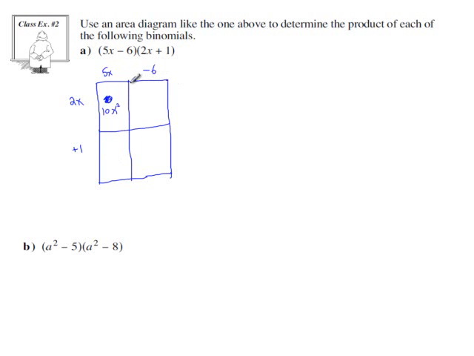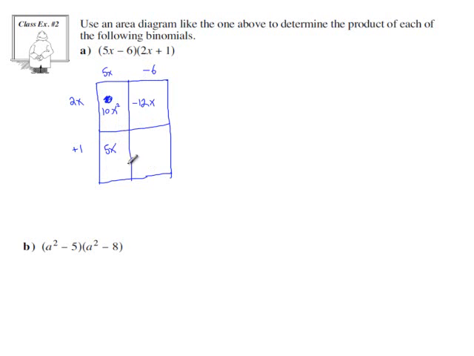Then this rectangle here, its length is negative 6. Its width is 2x. So negative 6 times 2x is negative 12x. This rectangle, 5x is one side. The other side is plus 1. So 5x times 1 is just 5x.